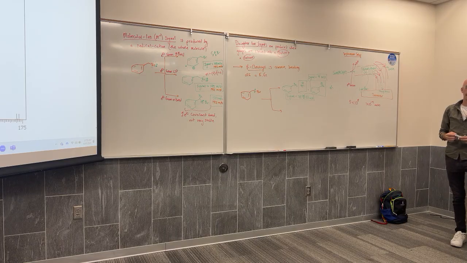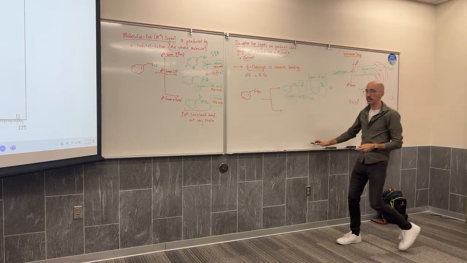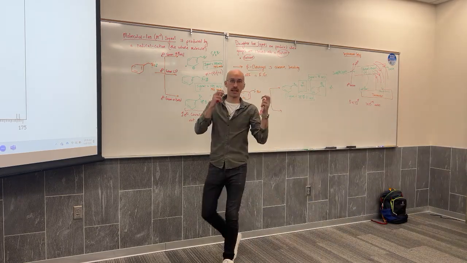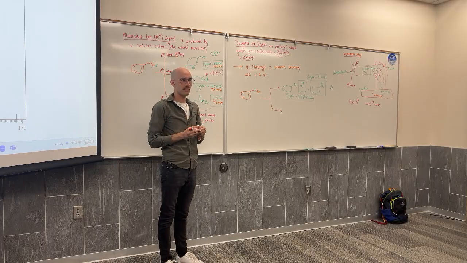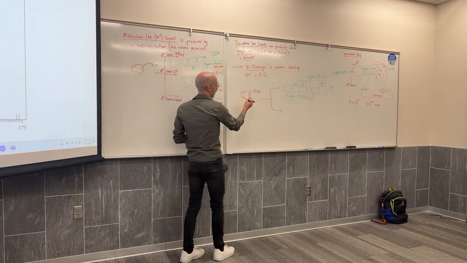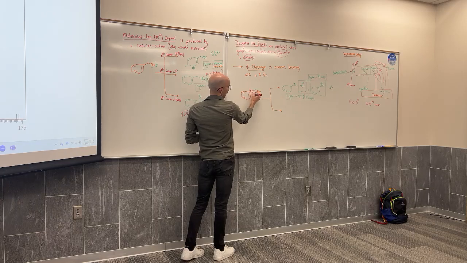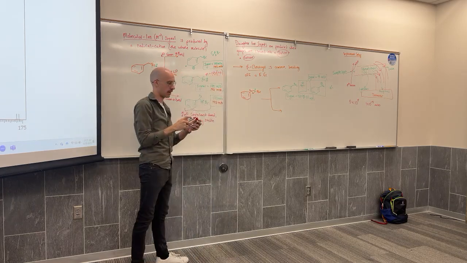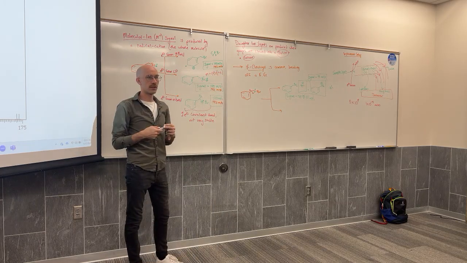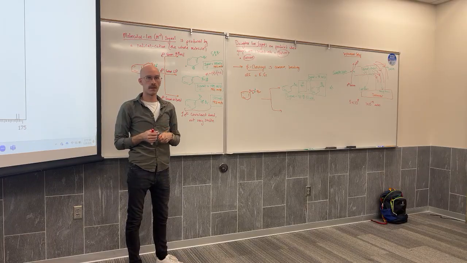Yeah. There's another place that we could cleave for an alpha cleavage that would give us a different set of ions. That would be cleaving next to this aromatic ring. So here's what I'd like you guys to do.